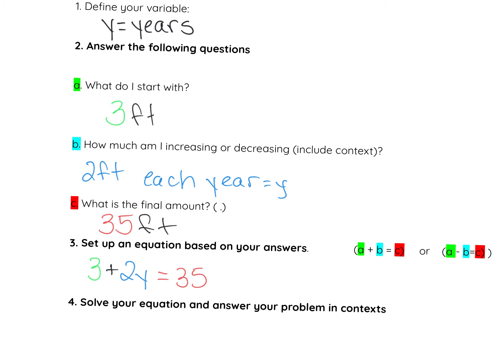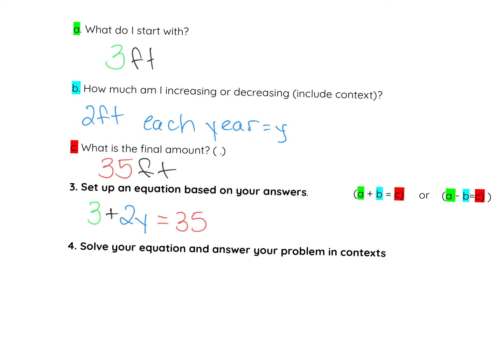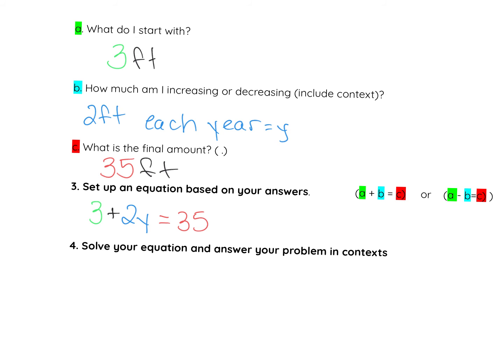Now that I've written my equation, I'm going to go ahead and solve. And you can see this is a simple 2-step equation. So we just have 3 plus 2y is equal to 35. Now what I do is I go ahead and undo my addition or my whole number, no variable.